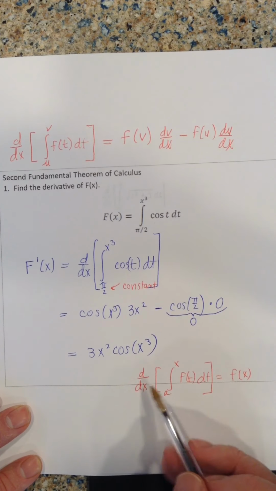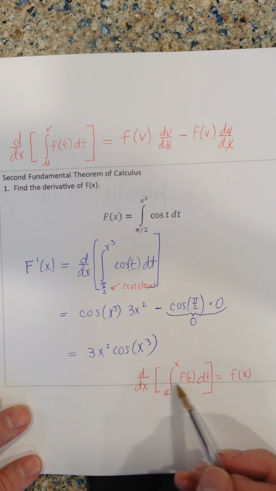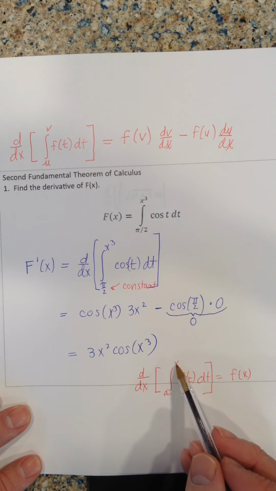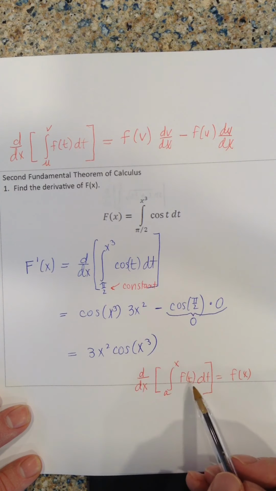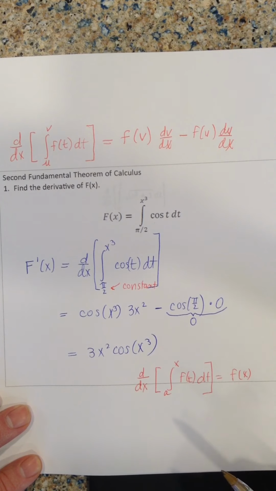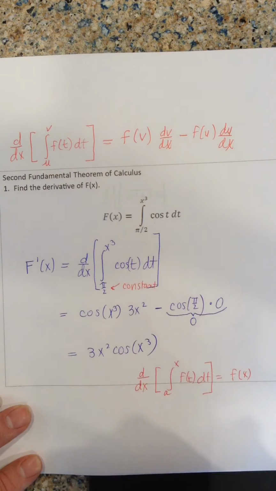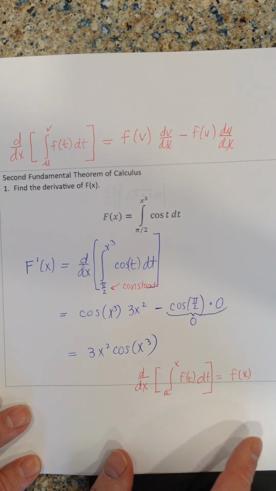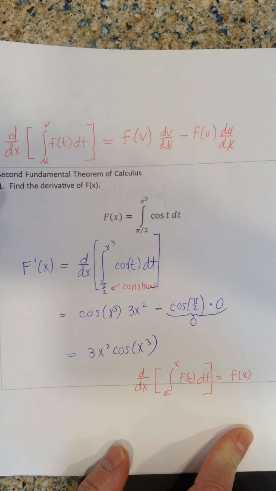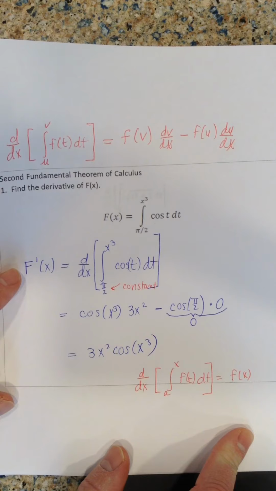And you can kind of prove to yourself, if you take the antiderivative of f of t and plug in x and plug in a, then take the derivative of that, you're going to get f of x. My expression of this theorem gives a little more clarity on what to do with more complicated versions of it.